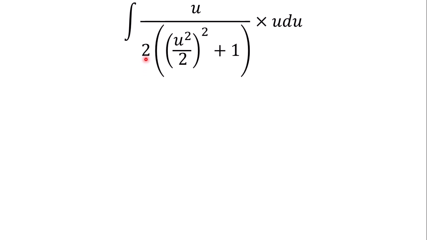On top here, the coefficient of this u is 1. So that 1 and this 2 will be 1 out of 2, and we will bring that 1 out of 2 at the back here.